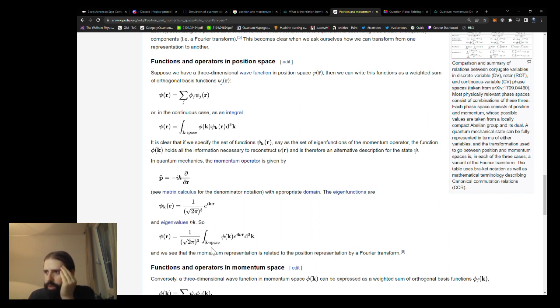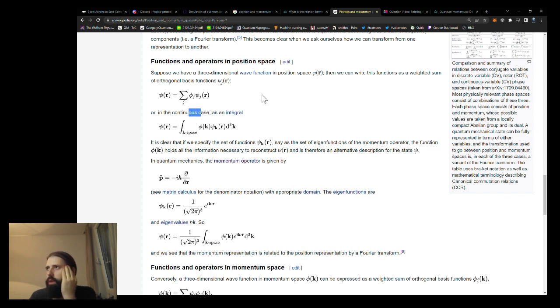But we're integrating over K space. So it's very much not clear.